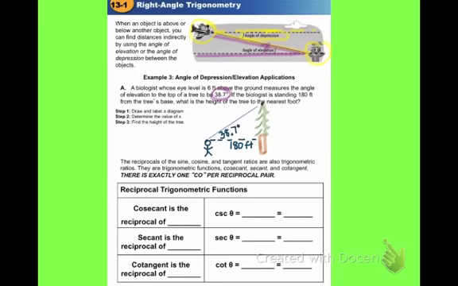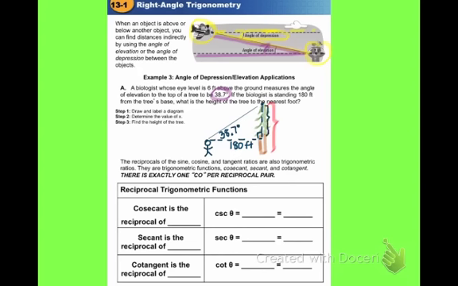So what it creates is basically a triangle. The tree is one of the legs, and the distance away is the other leg of the right triangle. If we wanted to find the height of the tree to the nearest foot, what we are actually trying to find is this whole length right here. Now, we can't find this whole length with the trig ratio. We can just find this piece right here.